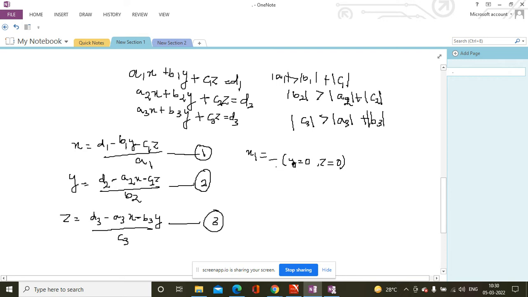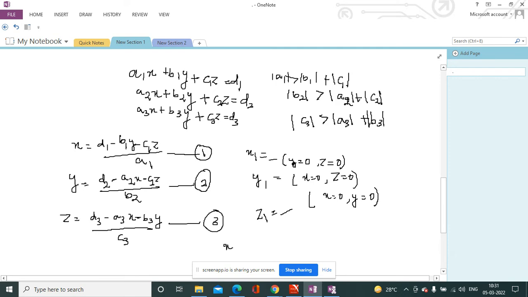Similarly, for y1, in the second equation we put x equal to 0 and z equal to 0. In case of the third equation, to obtain z1, we put x equal to 0 and y equal to 0. So x1, y1 and z1 are the first iteration.